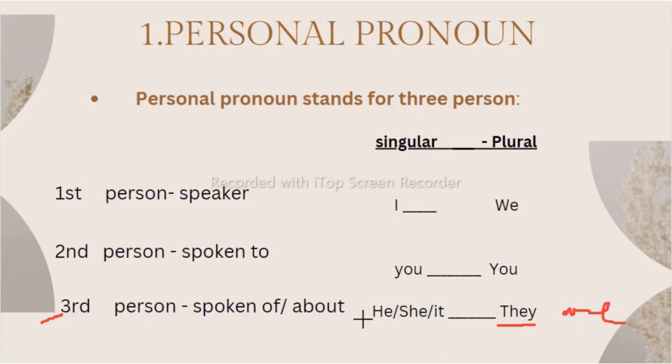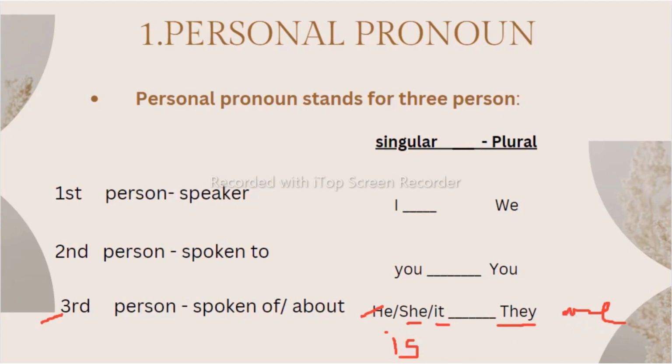If we are using he, which is a masculine gender, we have to use the verb is, he is. And if we are using she, which is a feminine gender, we use the singular verb is, and along with it, which is a neuter gender, we also use the verb is. And if we are using the plural pronoun they, along with this they we have to use are, which is a plural verb.